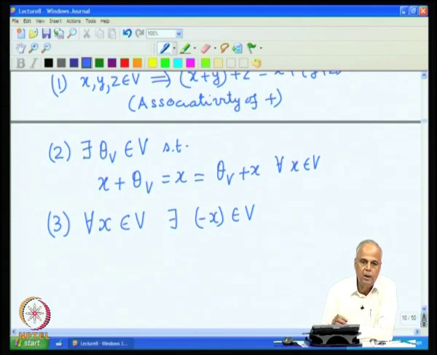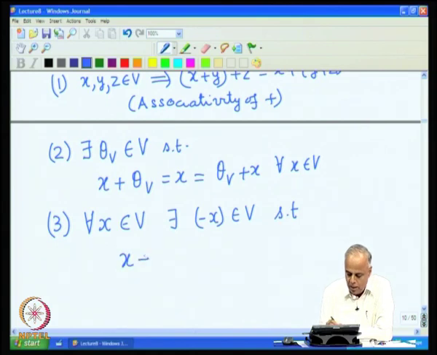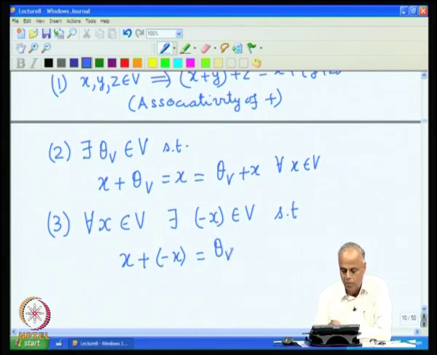Now, we want the negative of an x in V to be in V, such that the element and the negative combine together to produce the 0. Now, the role of 0 is played by theta V. So, we need this.